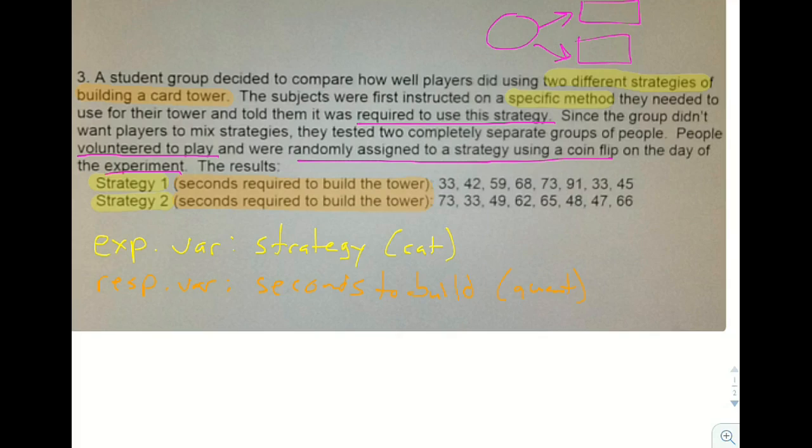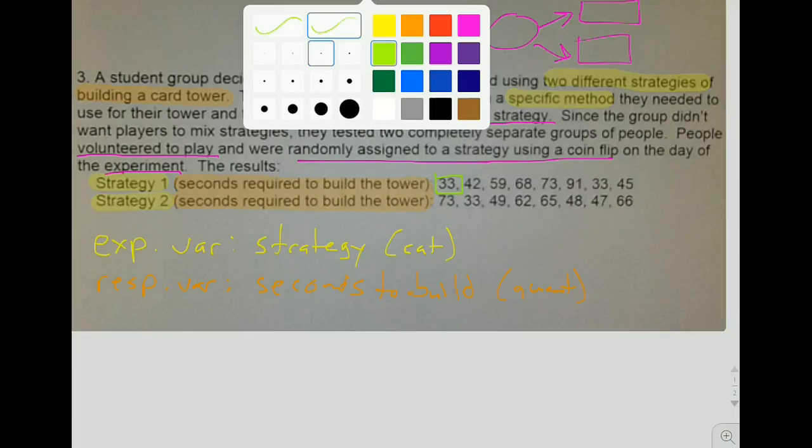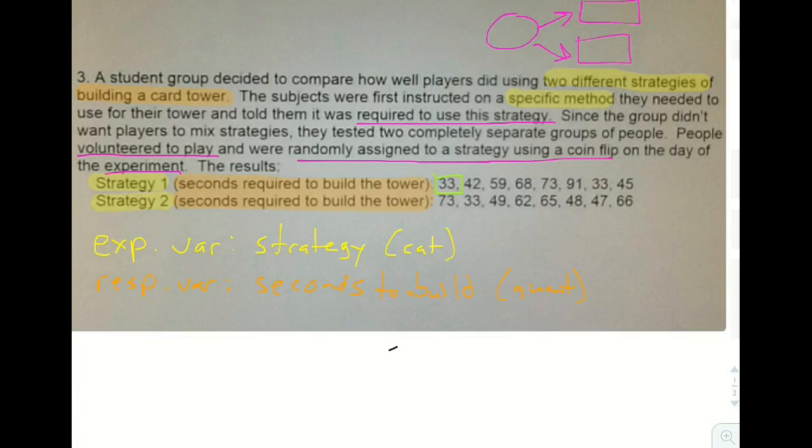That means that when we look at strategy 1 and we see that 33 right there, we need to say the full story of that 33. So when we go to StatKey, what we're going to actually be typing in is S1, the option chosen, which is the categorical variable, and 33, the response in seconds, which is the quantitative variable.